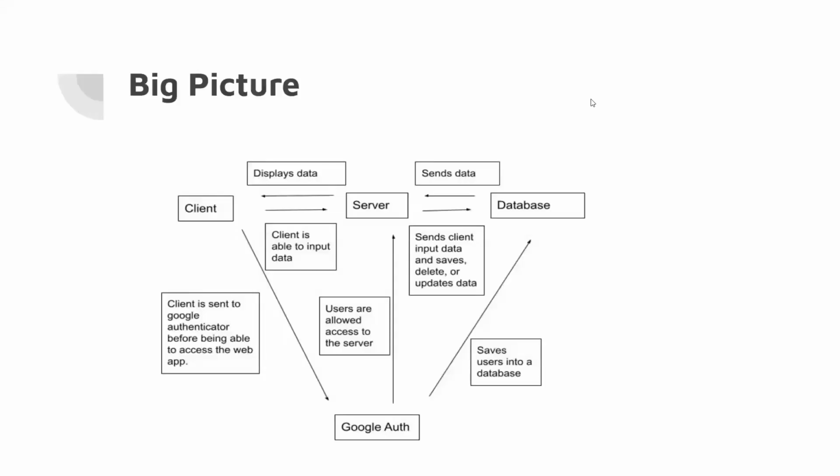Right. So if the user is trying to use my website, the client goes straight to the Google Authenticator, right? And then once they log in with their Oakland University email, the server will allow the user to be able to get to the other web pages, right?